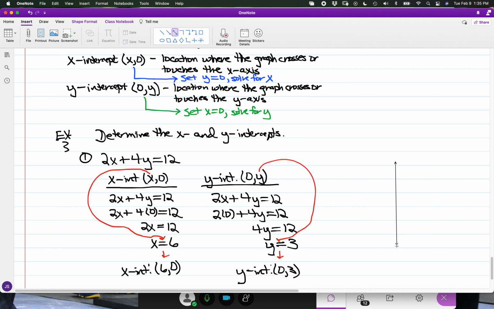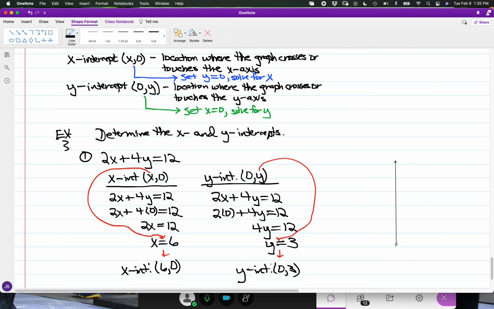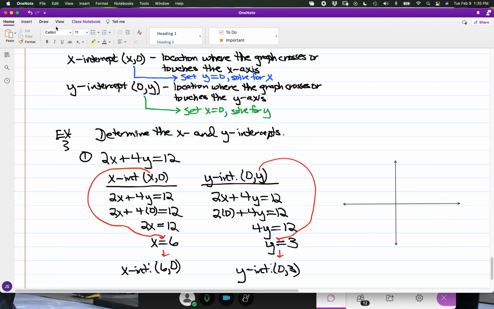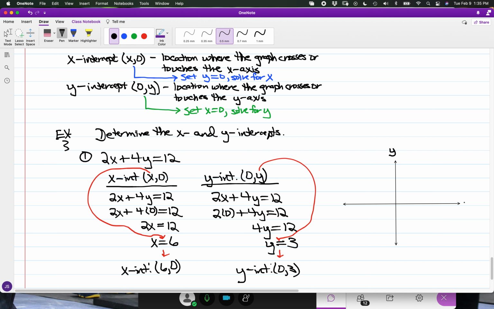So we're going to have, in effect, just kind of a rough sketch here. Again, we have the y-intercept as 0, 3 and the x-intercept at 6, 0.